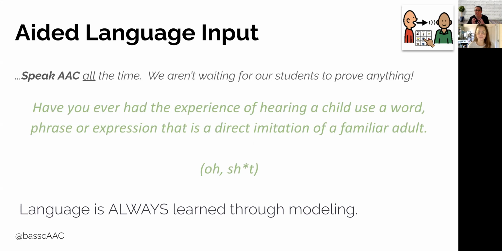They're saying it exactly the same way in an appropriate way during an appropriate situation. The reason that they do that is because, again, language is always learned through modeling. They saw us and heard us use that word during this situation. So when it happened again, or it happened to them, they directly imitated and used it because we modeled that for them.